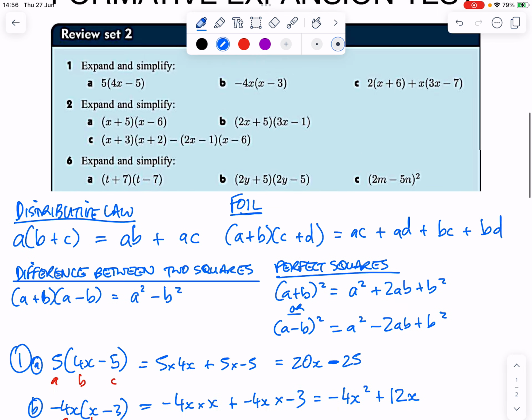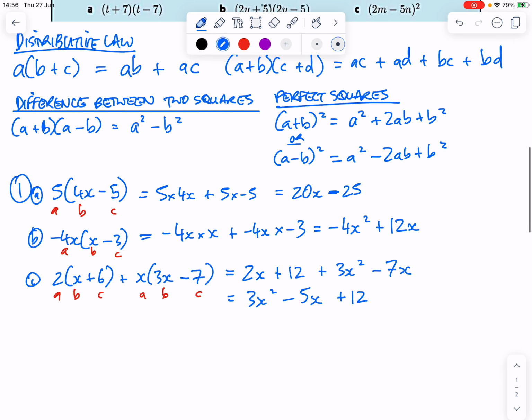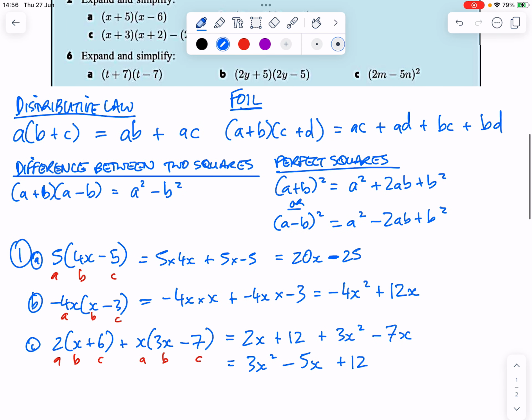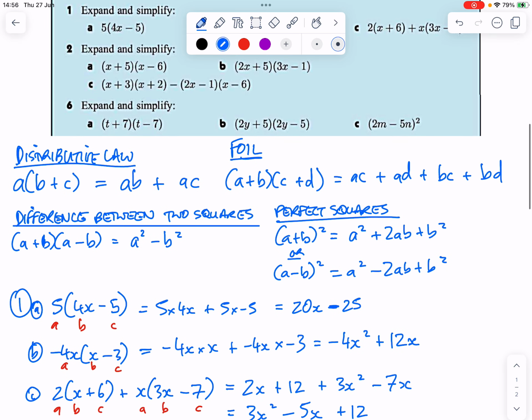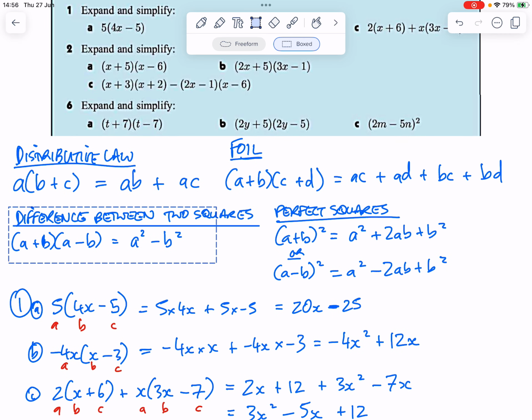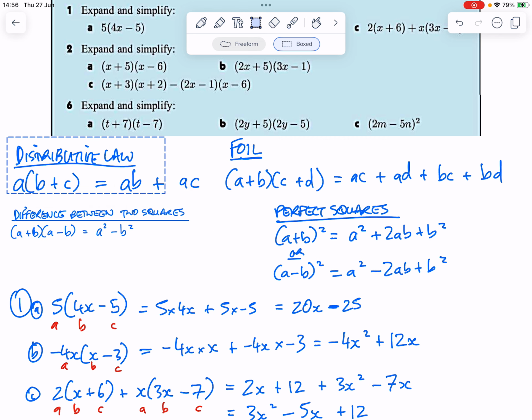Question 2, expand and simplify. Running out a bit of space here. So what could we do? Could I decrease the size of this? Yep. So let me give myself some more space.